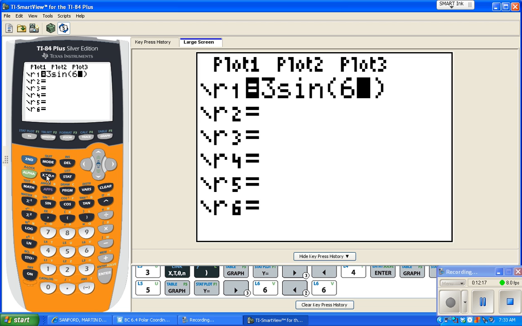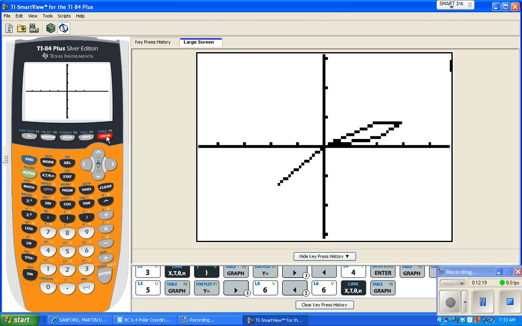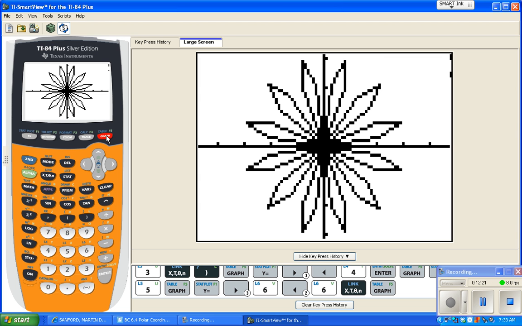Let's go to 6 theta, there we go. Alright, a little hard to see what's going on here. There are 1, 2, 3, 4, 5, 6, 7, 8, 9, 10, 11, 12 of those petals. So when it was 6, there are 12.